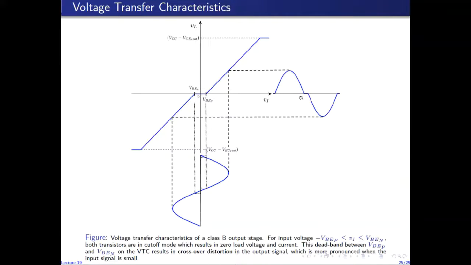This crossover distortion, introduced by the dead band in the voltage transfer characteristics of the class B amplifier, makes the output a distorted sine wave. So it's not a pure sine wave, it's a distorted sine wave due to this crossover distortion, which obviously is undesirable, but unavoidable in the case of the class B amplifier.